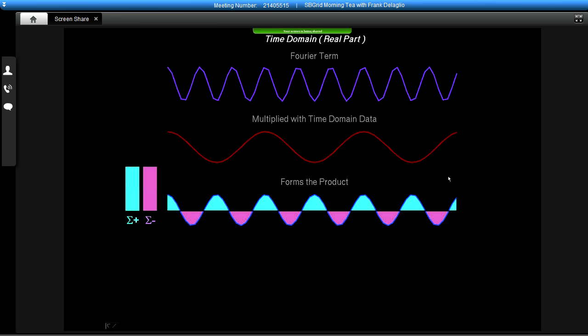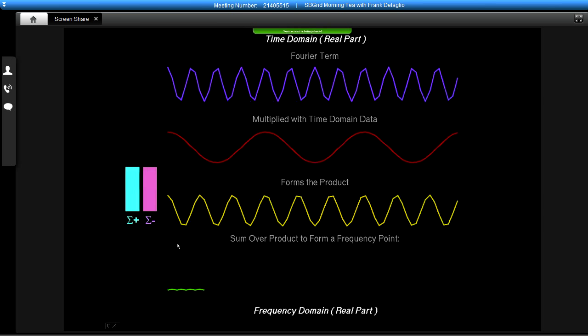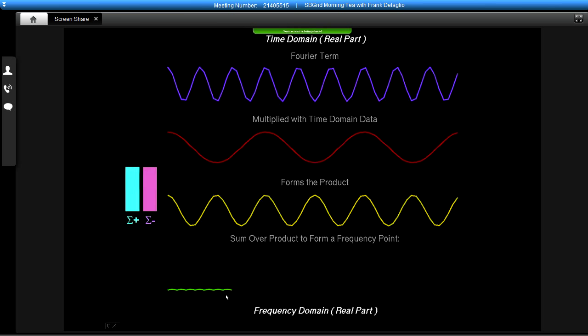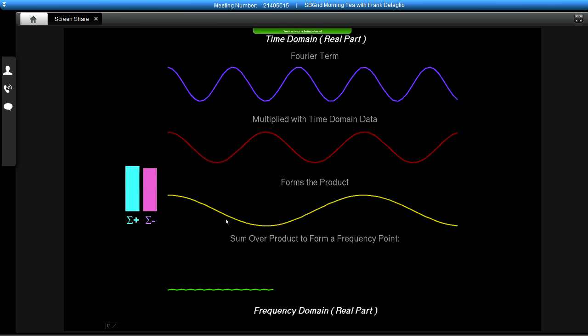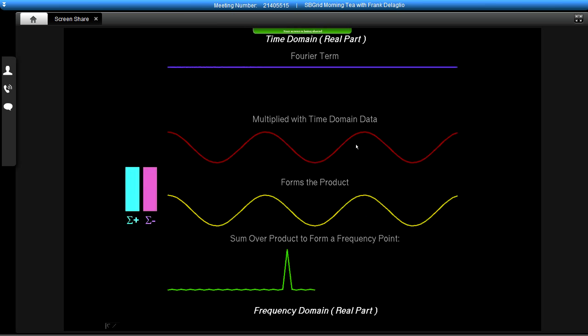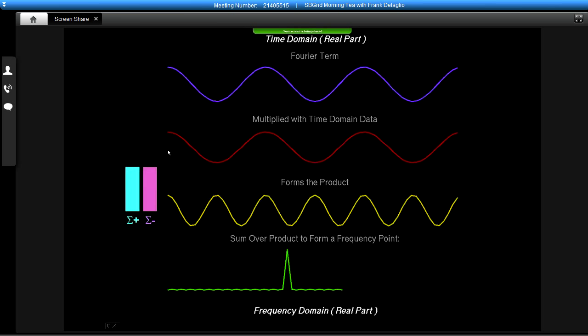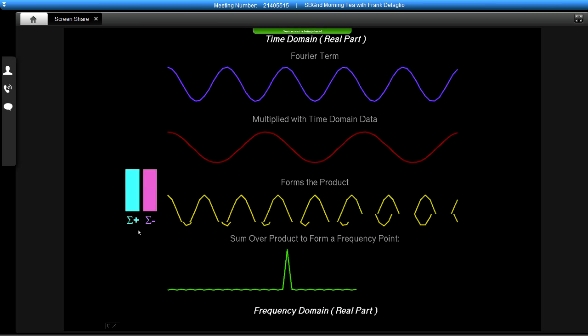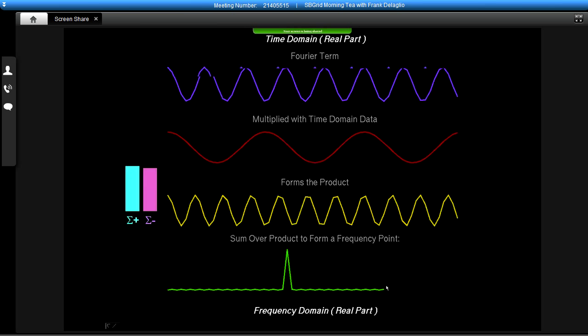And so if we add up all the points in this product, we'll get something that's more or less zero. So that when we actually step through all of the Fourier terms to form different points in the Fourier transform, in most every case, the product of the Fourier term and our time domain data has equally balanced amounts of positive and negative intensity. So that when we add up all these points in the product, we get something that's more or less zero.